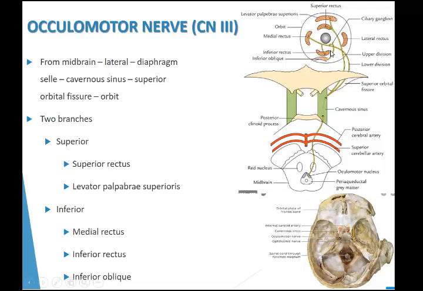These three muscles are supplied by the inferior division, or inferior branch. Look here: the third cranial nerve passes the diaphragma sellae, passes through the lateral wall of the cavernous sinus and enters the superior orbital fissure. Okay? Any questions so far?